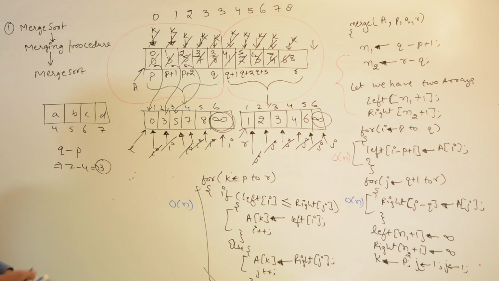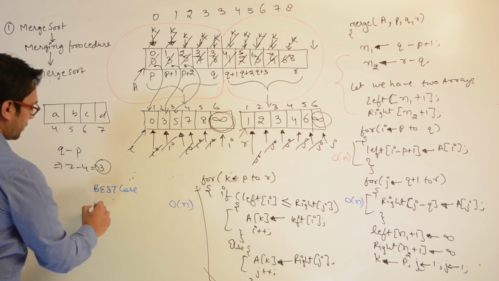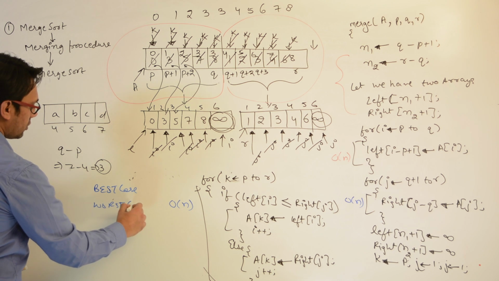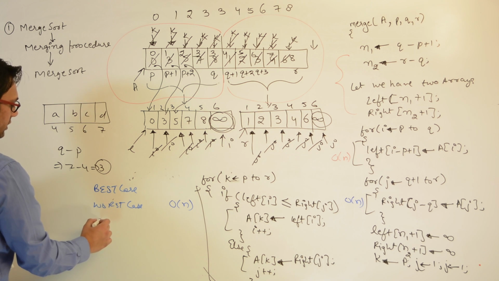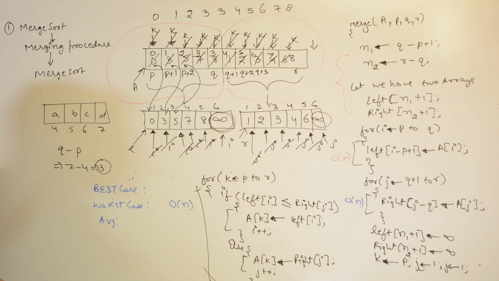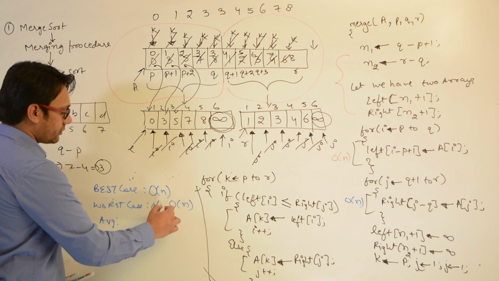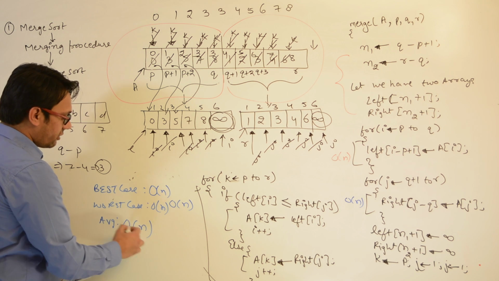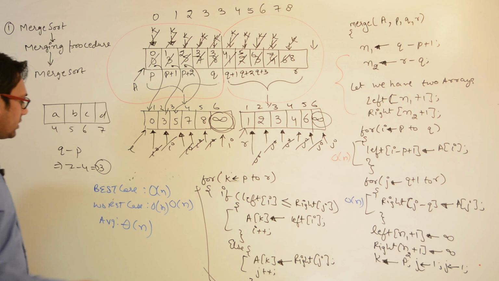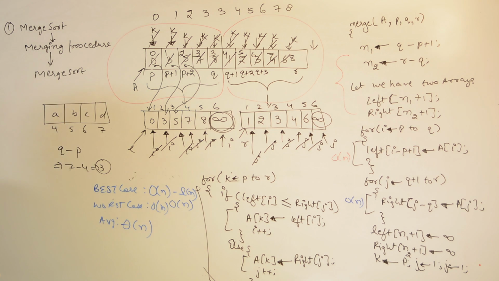Therefore, in the case of the merging procedure, even if it is the best case, the worst case, or the average case, in all these three cases the merge procedure is going to take order of n time, or you can say theta of n time in the average case and omega of n time in the best case.